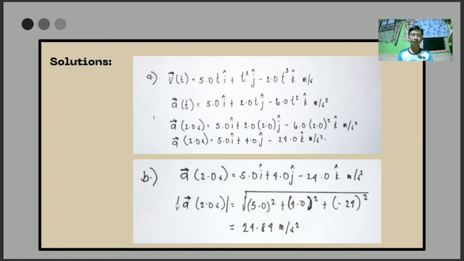So the magnitude of the acceleration vector at t equals 2 seconds is the square root of 5 squared plus 4 squared plus negative 24 squared. When solving, we get 24.84 meters per second squared. So this is now our magnitude of the acceleration vector at t equals 2 seconds. That's how we solve for the acceleration vector and its magnitude.